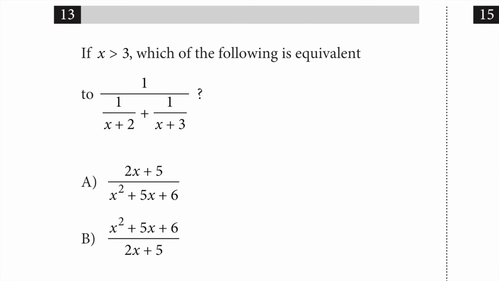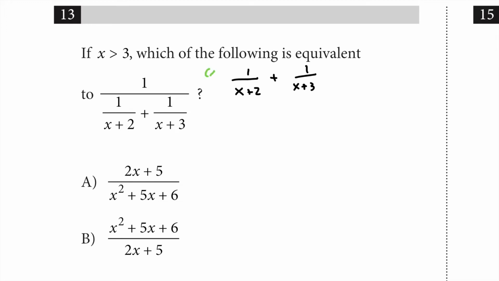Now, if x is greater than 3, which of the following is equivalent to this mess? So what we're going to do first is focus on the bottom two fractions. So we have 1 over x plus 2 plus 1 over x plus 3. To get a common denominator, we multiply the top and bottom by each other's denominator.